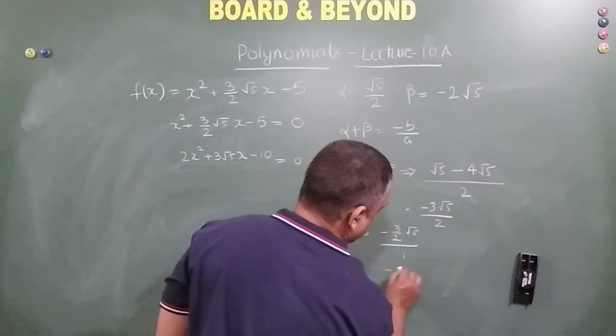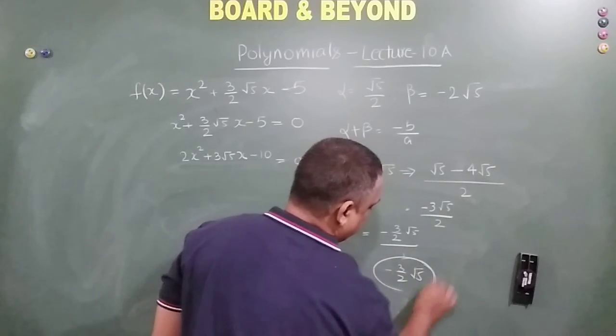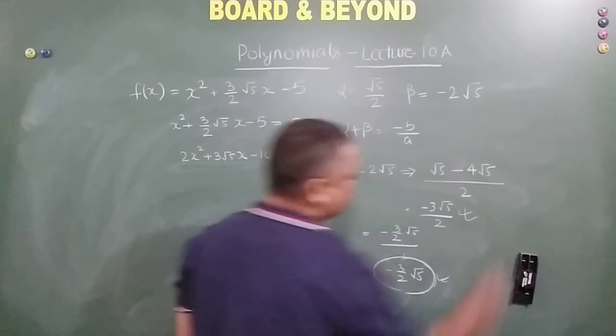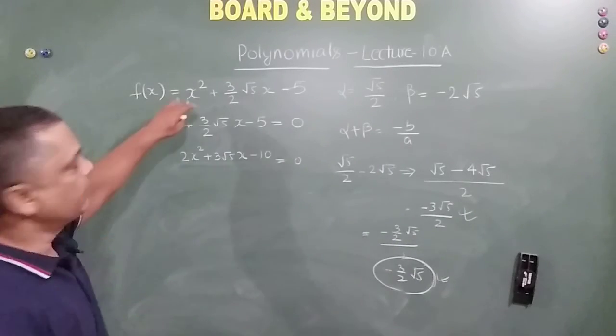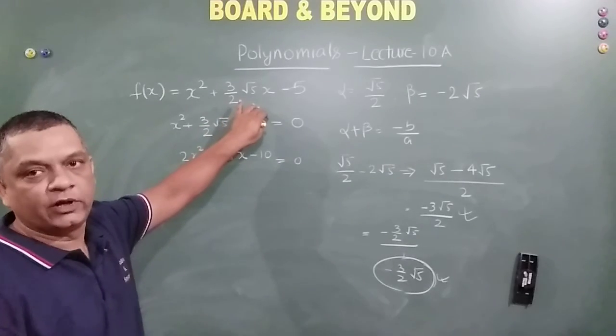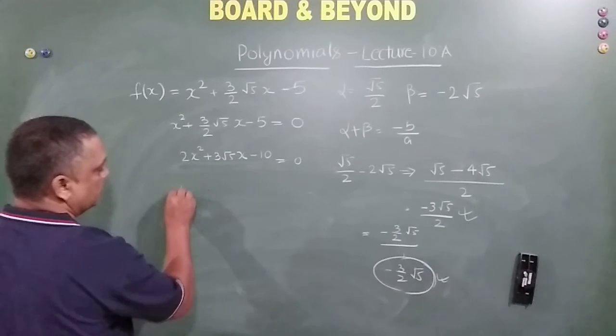That is equal to minus 3 root 5 by 2. You see, this and this are both the same. So we can say that alpha plus beta is equal to minus b by a holds good for this quadratic polynomial.